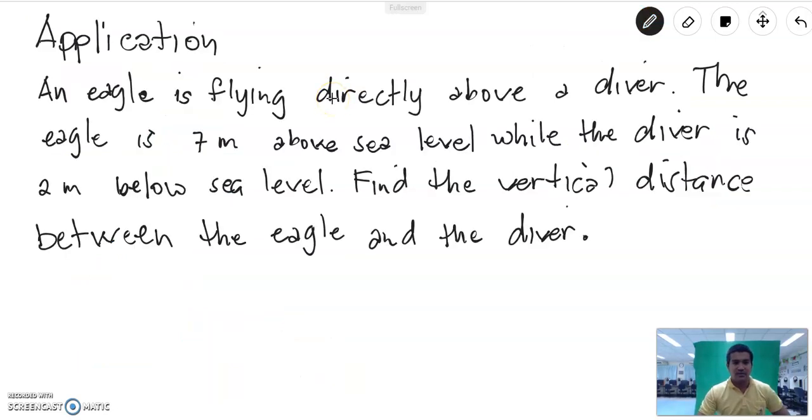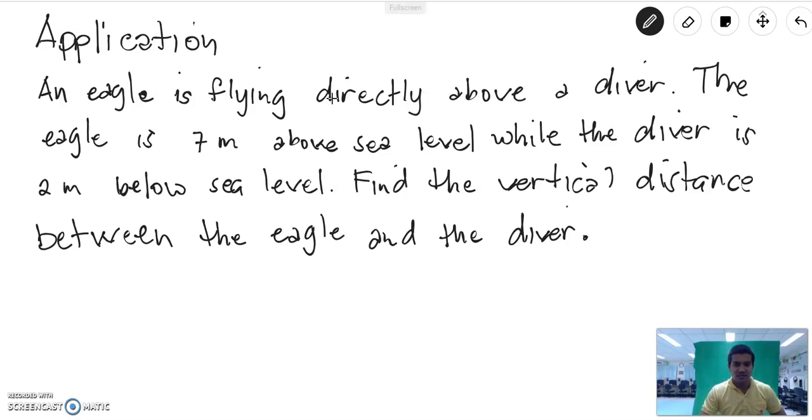Okay, so we are now in application for subtraction of integers. So we have an eagle flying directly above a diver. The eagle is 7 meters above sea level, while the diver is 2 meters below sea level. Find the vertical distance between the eagle and the diver.